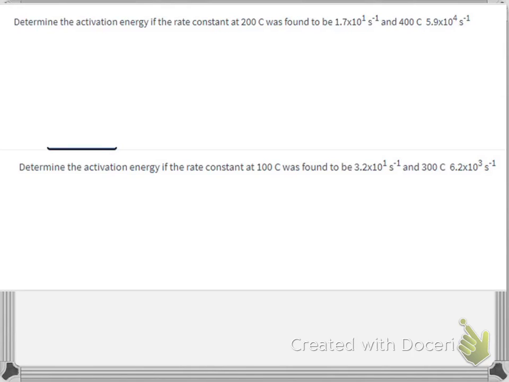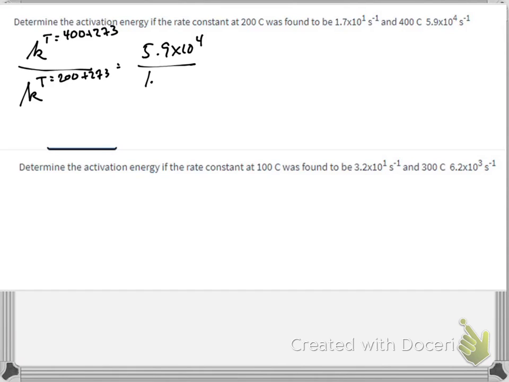Right, the final question was asking about the factor that the rate changes at different temperatures. Keep in mind we have to convert to Kelvin, and what we see by the data is that the factor that the reaction increases, going from 673 to 473, was about 3,170 times.